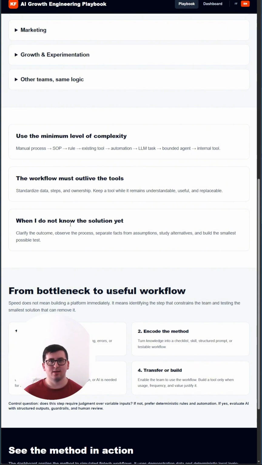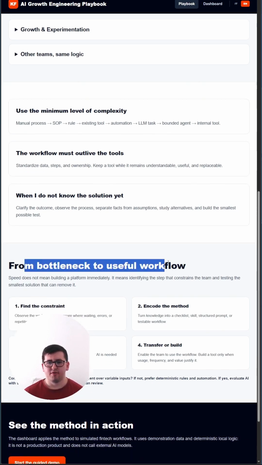And study alternatives and build the smallest possible test. I cannot repeat this enough, but it's really important. You always need to build the small test, the small tool, the small automation, because if you build something big, you're going to waste a lot of time. You need to waste time, yes, but on little stuff, and then take all the little stuff that is right and put it together in a tool.